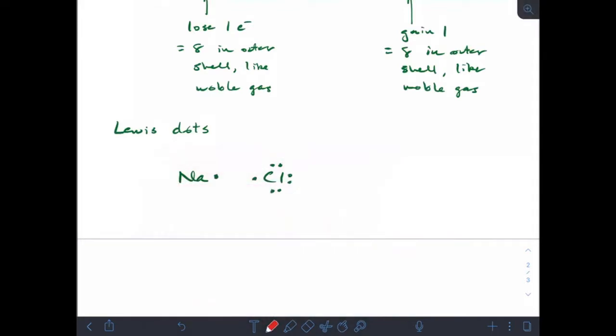So I'm going to transfer this electron from sodium to chlorine. The result is that sodium will have a positive charge and no outer electrons to play with, and chlorine will have a negative charge and have all of the electrons to play with.